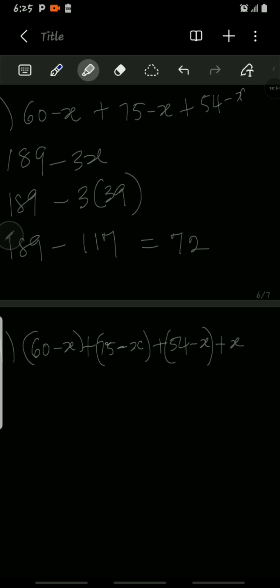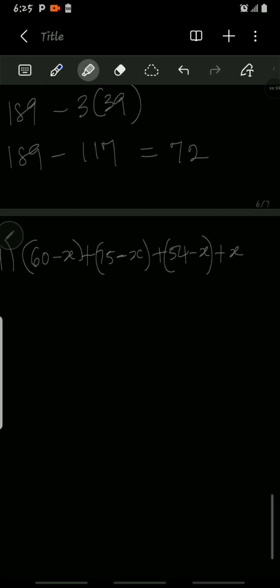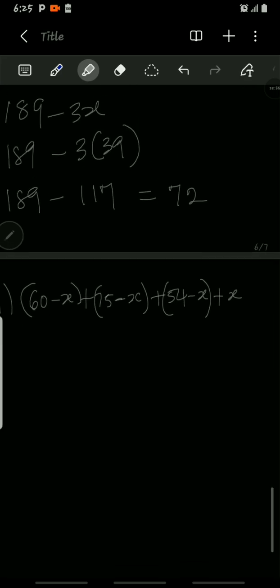If you add 60 plus 75 plus 54, that gives you 189, right? And for the variables, we have minus x, minus x, minus x, that's a minus 3x, and minus 3x plus x, that's a minus 2x, right? So substitute the value for x as 39, so we have 189 minus 2 into 39.